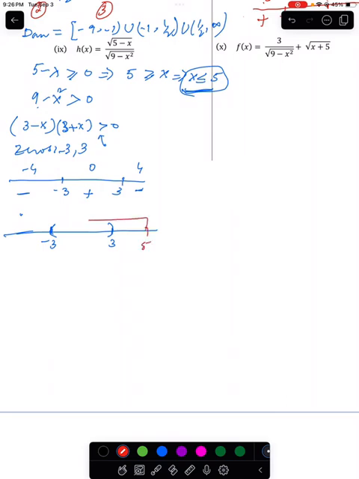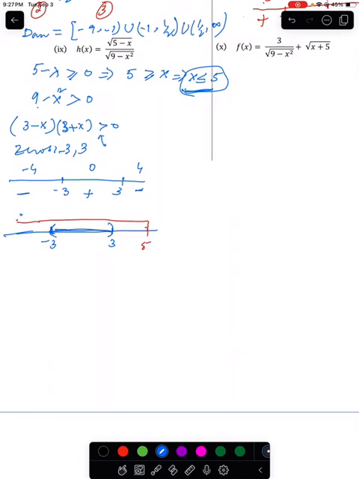So everything over here, and from the previous one we were saying only this portion.